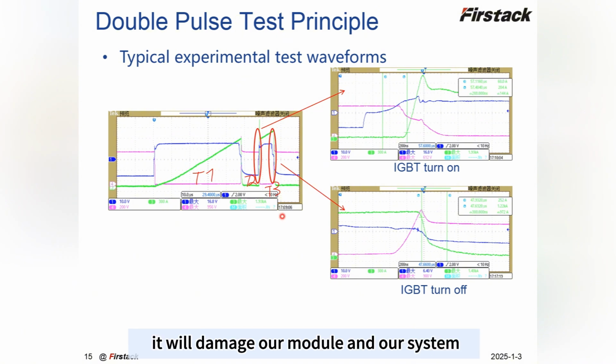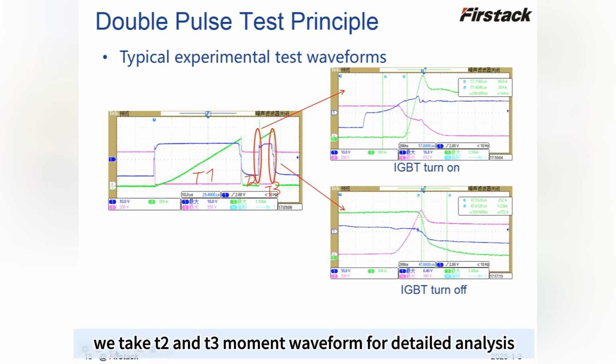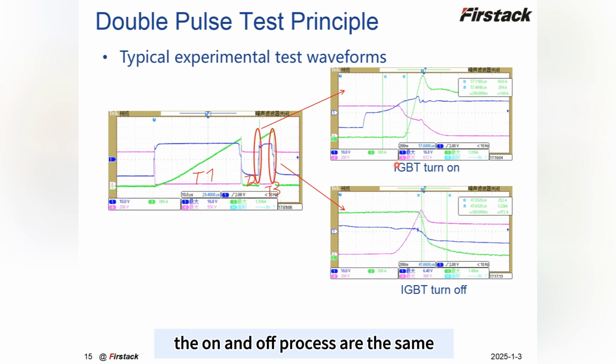It will damage our module and our system. And we take the T2 and T3 moment waveform for detailed analysis. The on and off process are the same as the theoretical analysis, so we can say now our analysis is correct. It is the same as the real test.